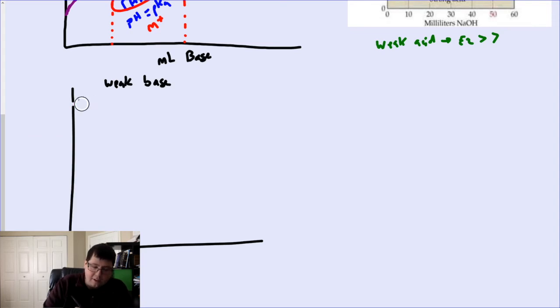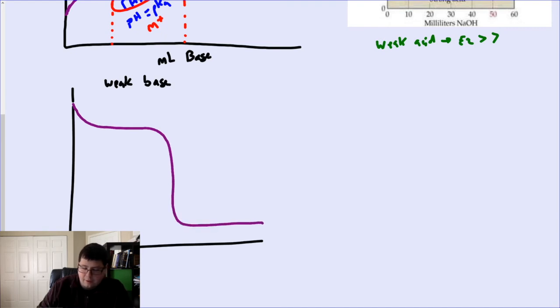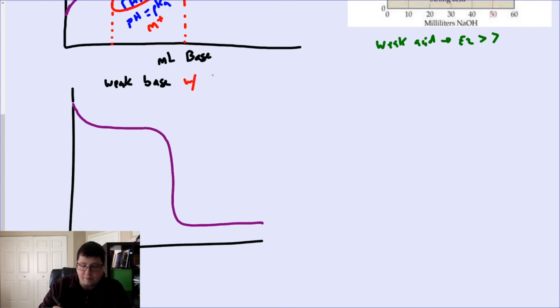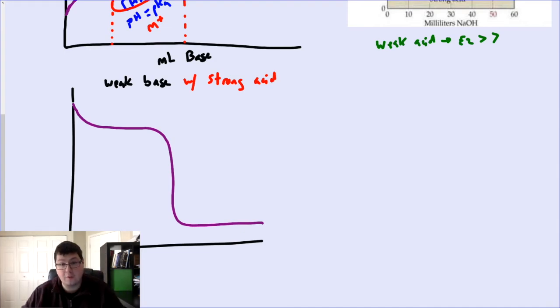Once again, we're going to see it slope down initially and form a buffer region there, and then come down, and then level off at a low pH because now we have the presence of our strong acid in solution. And so the only difference there is that that curve is flipped.